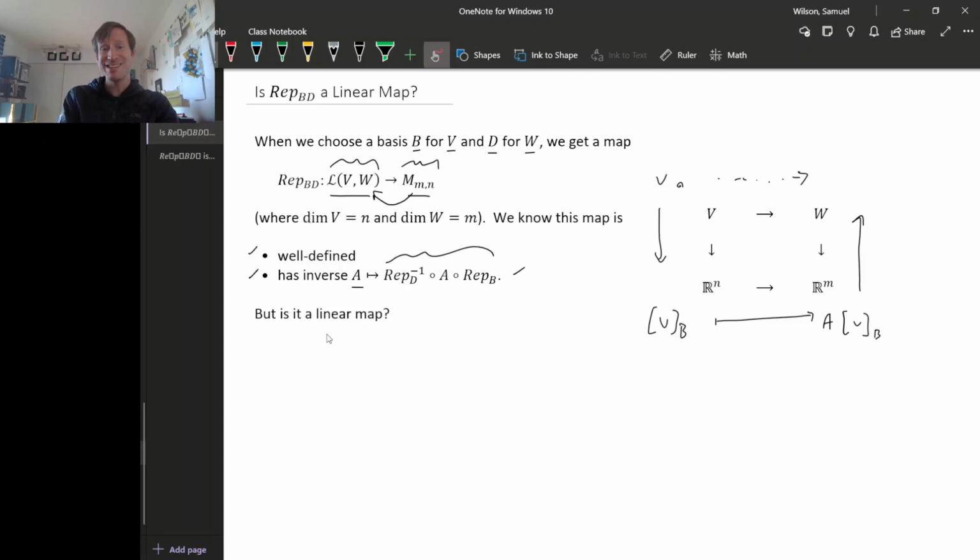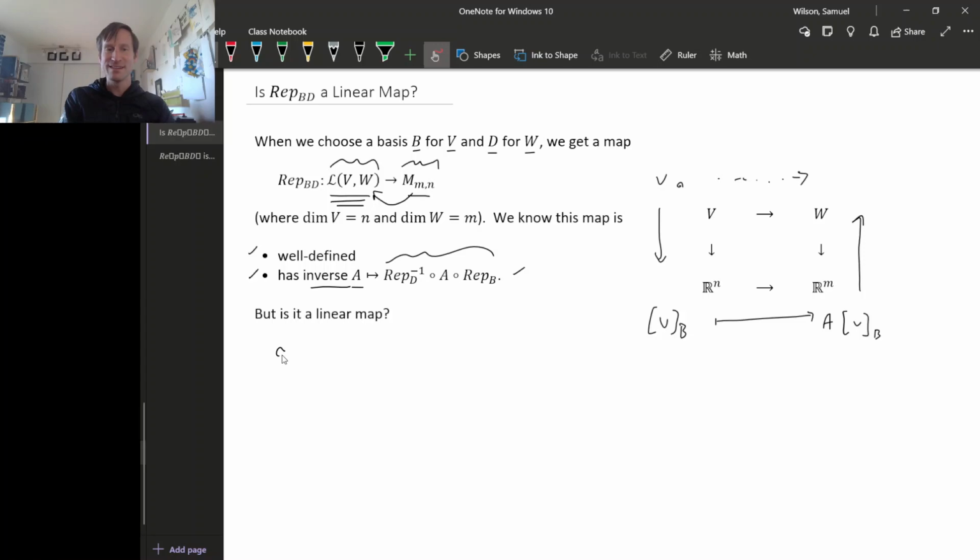The only question is, is it actually a linear map? If it is a linear map, well, since we have an inverse, we know that it has to be one-to-one and onto, and so it will be an isomorphism. So let's check if it's a linear map. What would that actually mean? Well, how do you check anything is a linear map? You take two things in the domain.